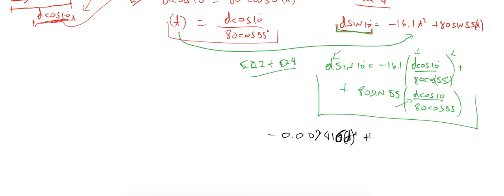Let me see. Bear with me, trying to get this for us. Minus sine of 10. Okay, so plus 1.23.